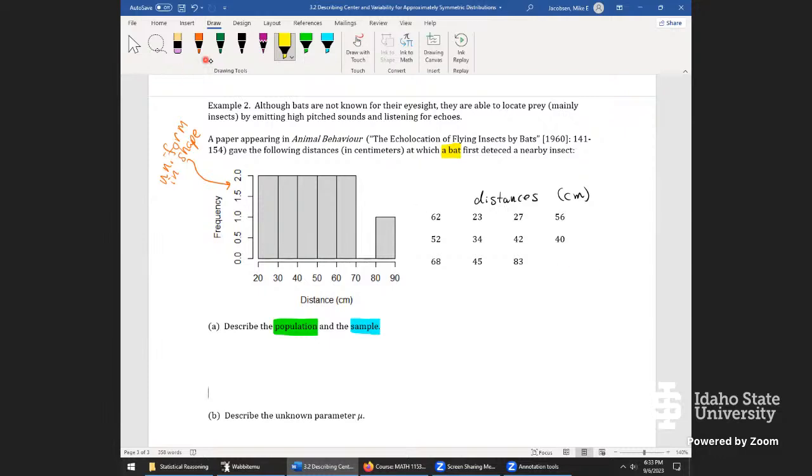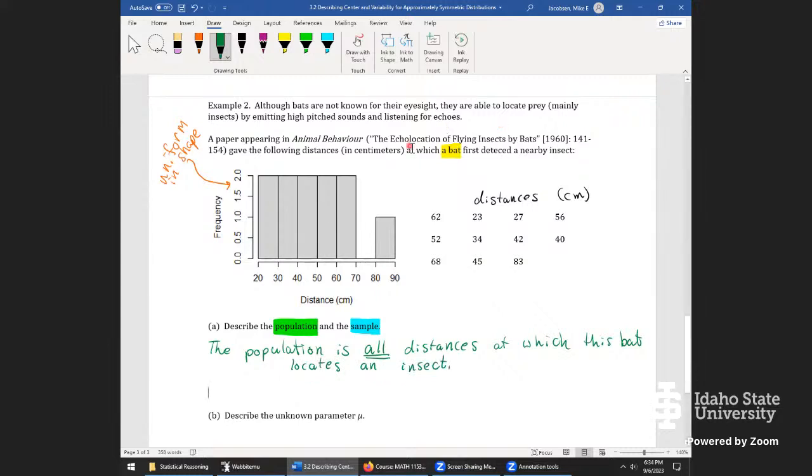Awesome. So here's what the population would be for this. The population is all distances at which this bat, I'm saying this bat just to emphasize, it was one bat used repeatedly, locates, they use the word detects, echolocates is the right word, I'll just say locates to shorten it up, locates an insect.